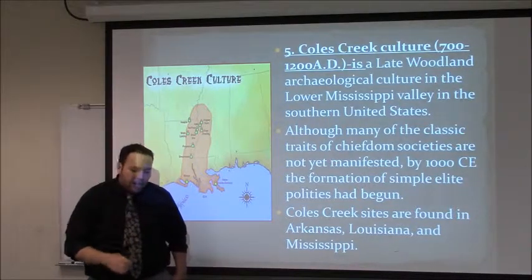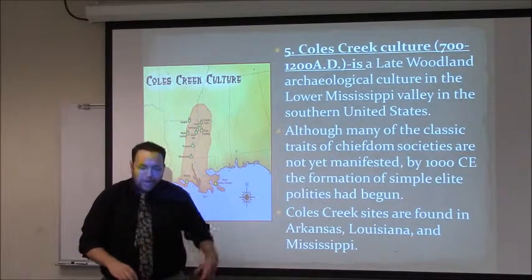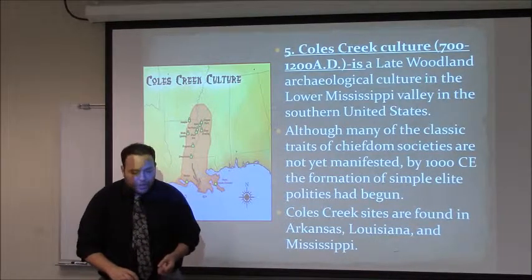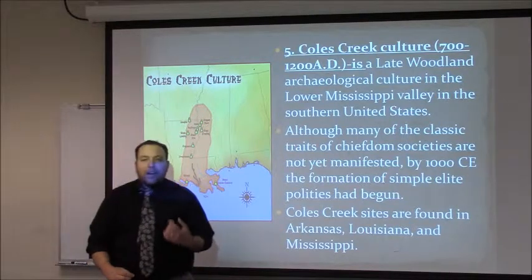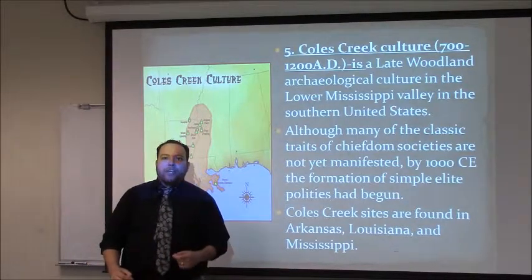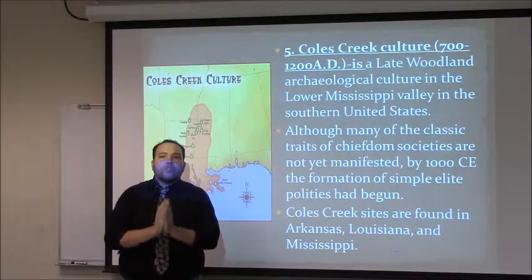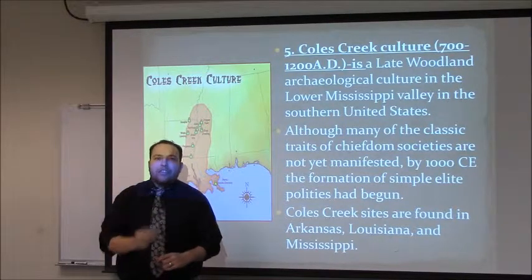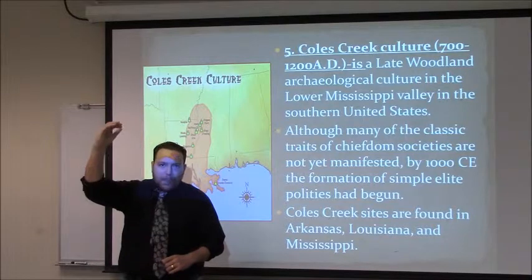Although many of the classic traits of chiefdom society are not yet manifested, by 1000 AD, the formation of elite politics has begun. So in the Coles Creek culture, you have kind of the solidification of these elite families, right?